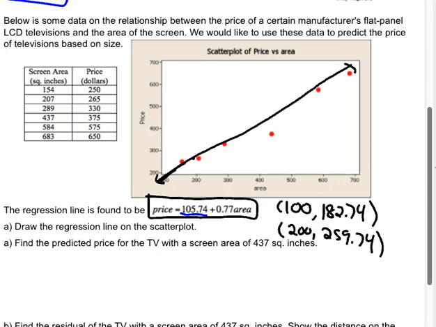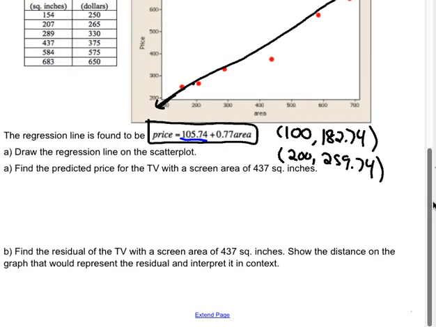Now, find the predicted price for a TV with an area of 437 square inches. All right, so 437 square inches. Again, if we're going to make that prediction, well, I kind of already showed you how to do that, right? To make that prediction, all you're going to do is plug in 437.